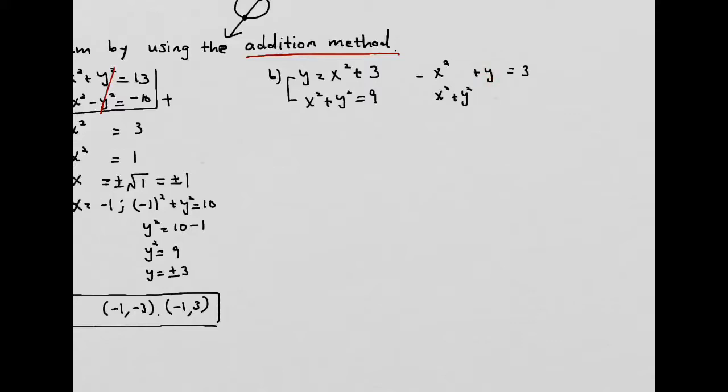And this is equal to 9. And when we're adding this, negative X squared, positive X squared, they cancel out. And I end up getting Y squared plus Y equal 3 plus 9 is 12.